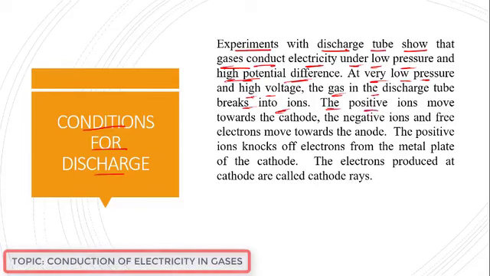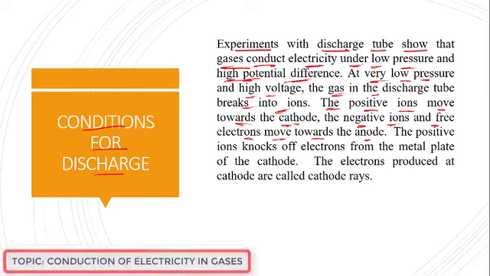Now, the positive ions that have been discharged from the discharge tube as a result of the low pressure and high voltage exhibited by the gas move or gravitate towards the cathode. On the other hand, the negative ions and the free electrons move towards the anode. Remember, the cathode is the negative electrode and the anode is the positive electrode.